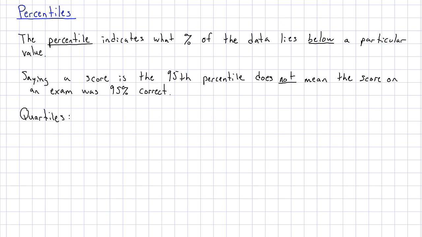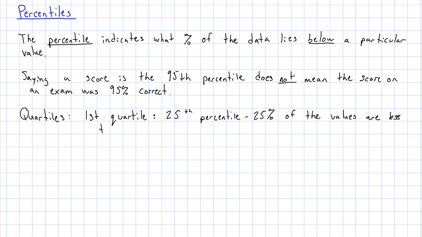So we have the first quartile, which is the 25th percentile. So this means that 25% of the values are less than this number.